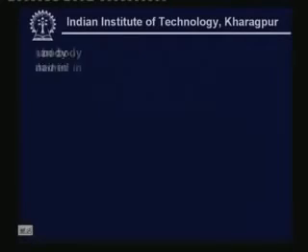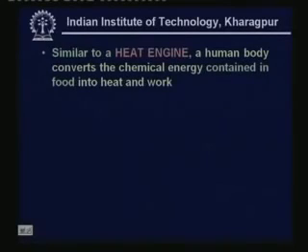Now let us look at a little bit of physics behind comfort air conditioning. A human body, for all practical engineering purposes, can be treated as a heat engine. That means a human body consumes food, and the chemical energy stored in the food is converted into heat and work.